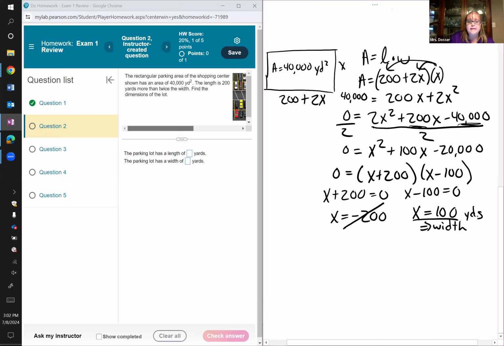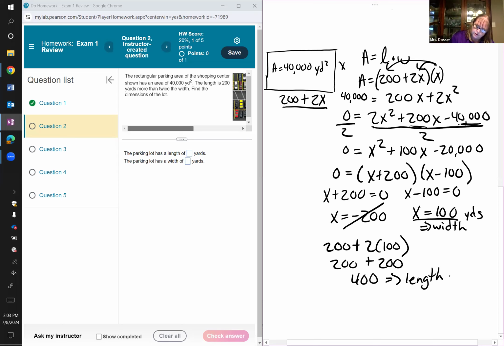And then we also need to know the length. And so when we look for the length, notice that we know that 200 plus 2x was equal to our length. We know what x is, so we can substitute 100 in place of x. And then simplifying, we get 200 plus 200, which gives us 400. And so now we know that our length is 400 yards.